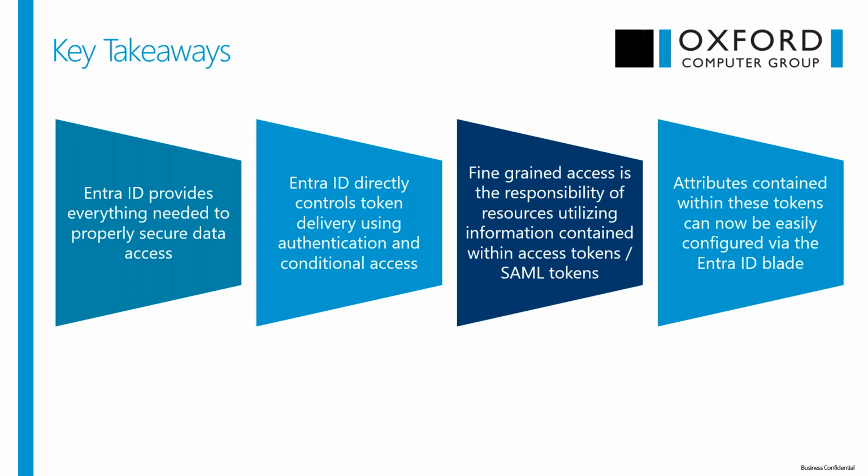But if you want fine-grained access, then you really have to depend on the custom claims you're creating, the custom claims providers, and let your APIs deal with the authorization, not the authentication. And like I showed you, you can create custom claims providers and utilize custom claims within Azure.